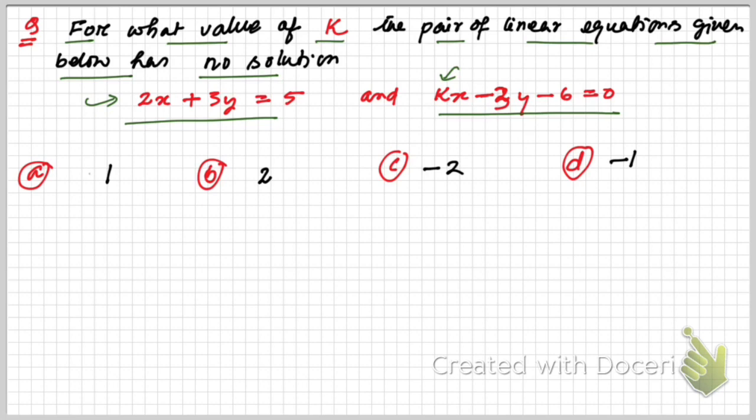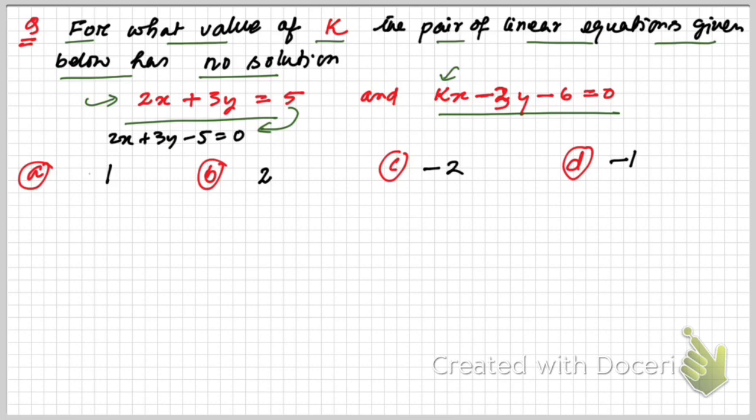So here, if you have noticed, this constant term is on the left side of the equal sign. So let us bring this 5 to this side. Then this equation is going to be 2x plus 3y minus 5 equal to 0, right? Now you see the given equations.